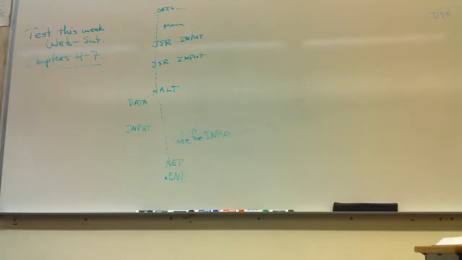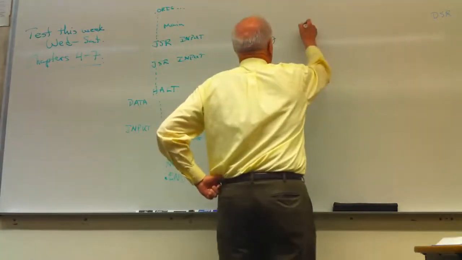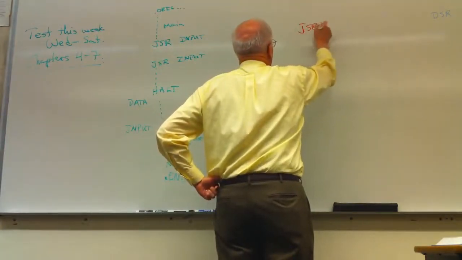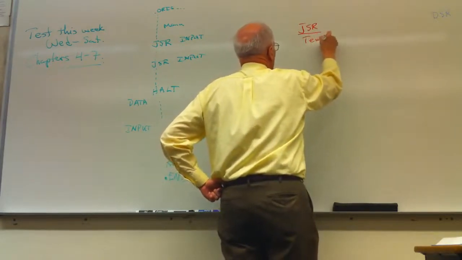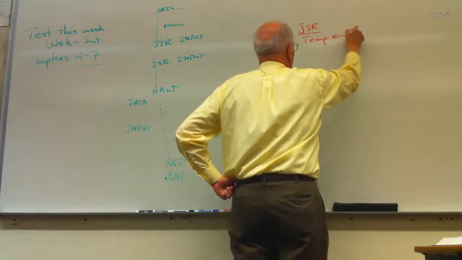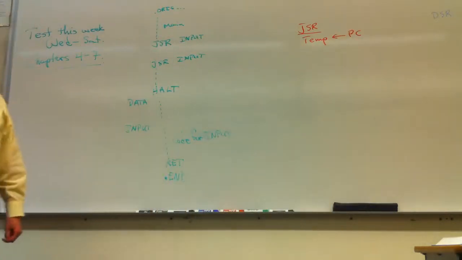Okay, here's what the JSR does that you need to be aware of. It first of all has a little temporary location in here, and it copies the program counter into that temporary location.